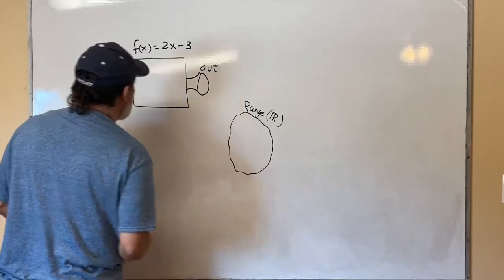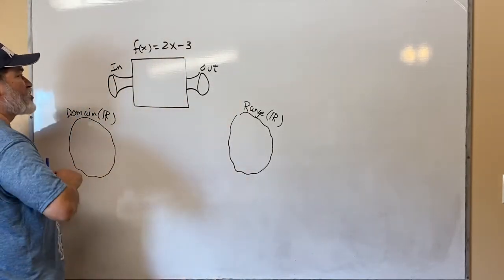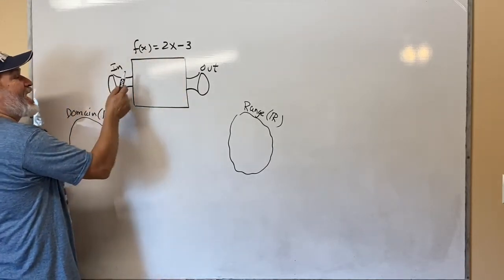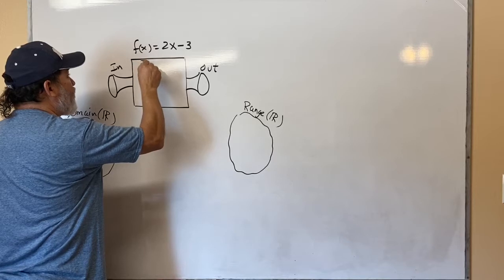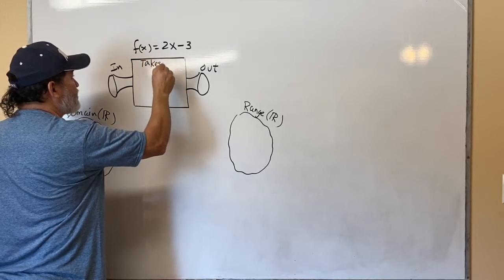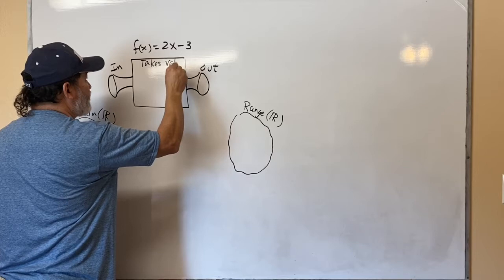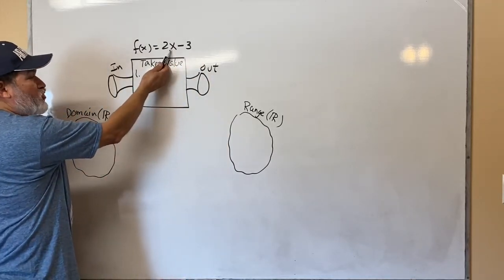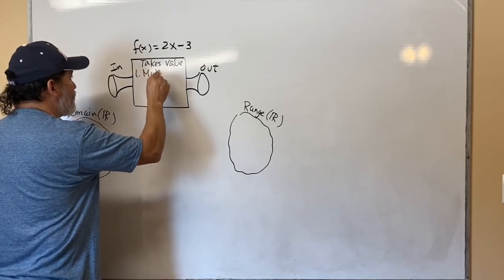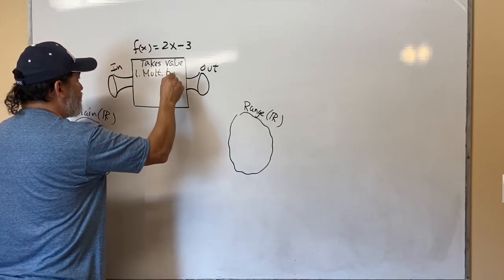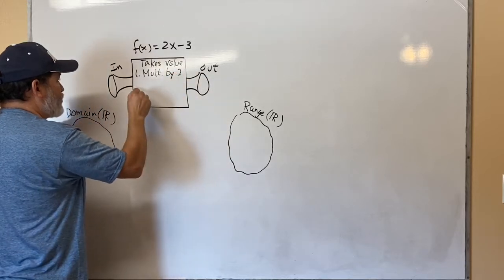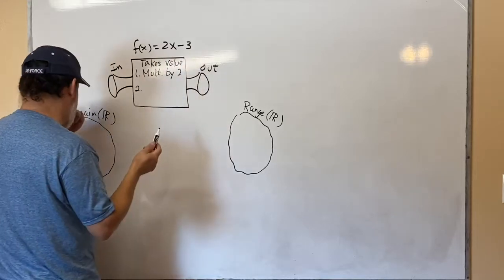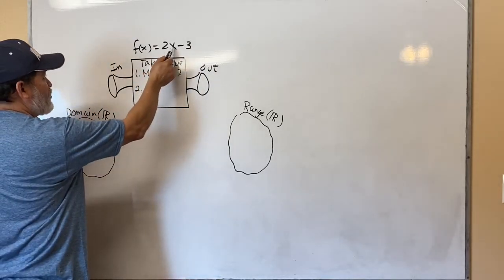By the way, this function takes whatever goes inside, so it takes the value, one, multiplies it by 2, and two, subtracts 3.